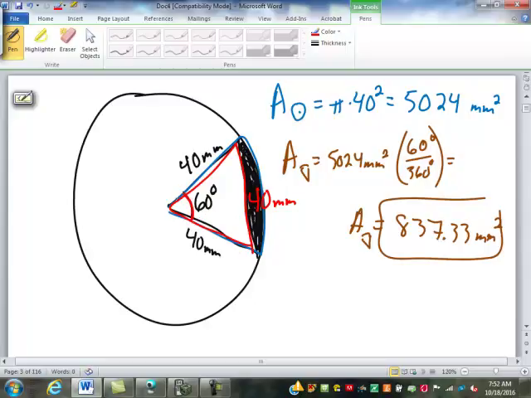This is 60 degrees and these two sides are the same, right? If these two sides are the same, that means this angle and this angle have to be the same because they're opposite of equal sides. Which means they have to be 60, because the triangle adds up to 180 degrees. Basically, if this central angle is 60 degrees, this is going to be an equilateral triangle. All three sides are the same. Did everybody catch that? That had to be 40 millimeters? No? That's what was stopping you?